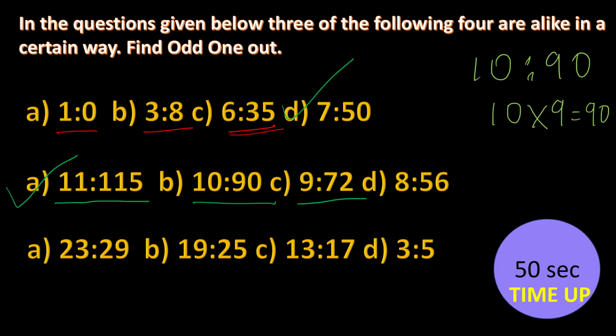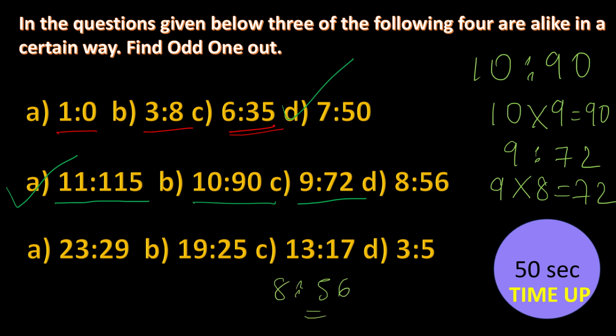Then if you check 9 is to 72, 9 into 8 is 72. Then if you check 8 is to 56, 8 into 7 will give you 56. So you saw here 10 into 9 is done, then 9 into 8 is done, then 8 into 7 is done.